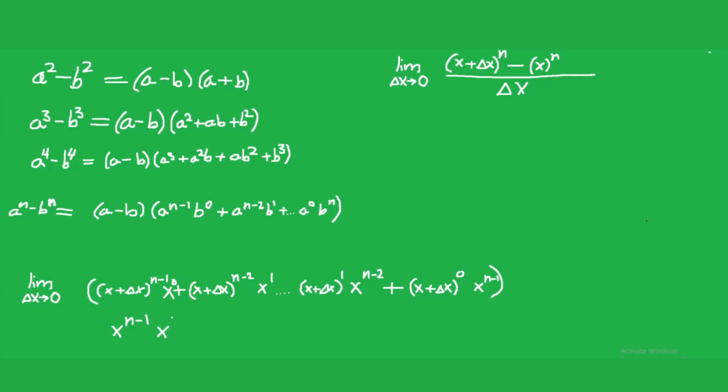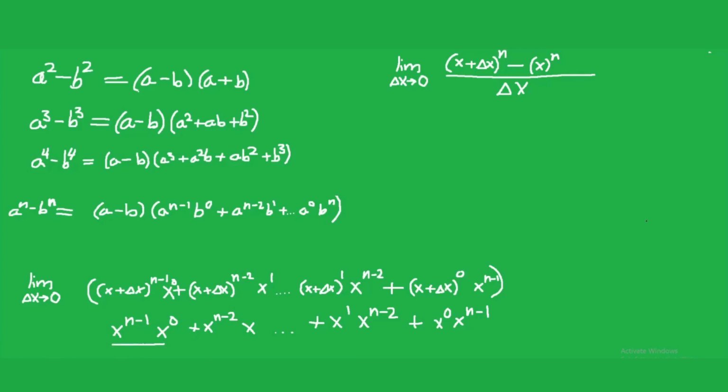times x to the 0 plus x to the n minus 2 times x, dot dot dot, plus x to the 1 times x to the n minus 2, plus x to the 0 and then x to the n minus 1. Now what you'll notice here is actually all of these multiply to be x to the n minus 1.